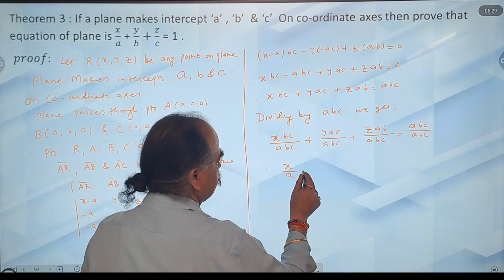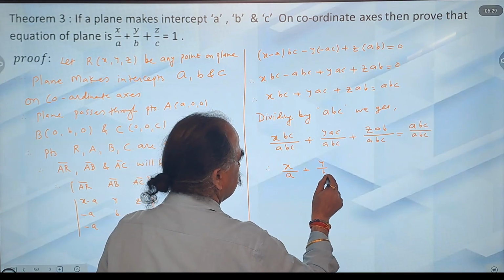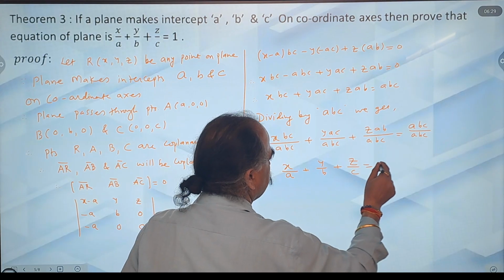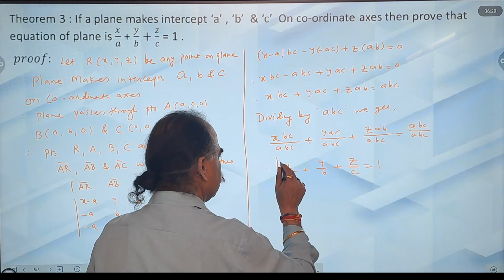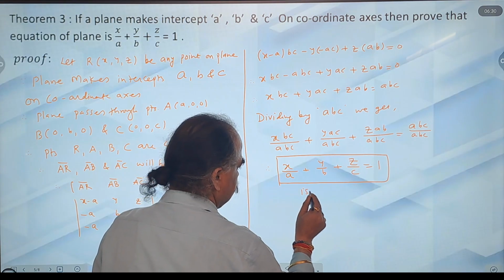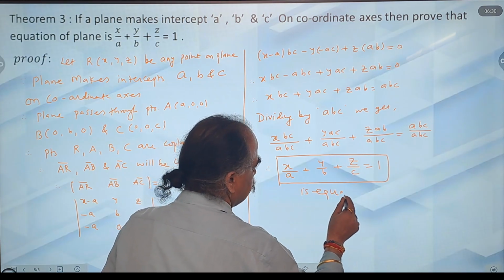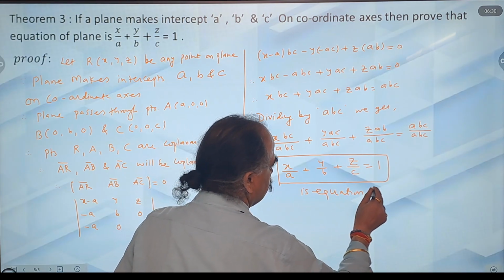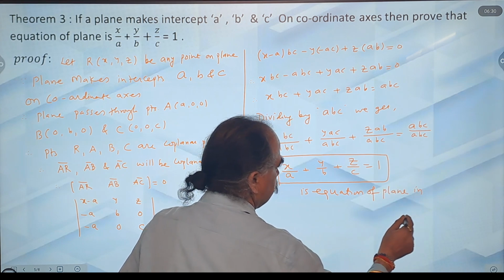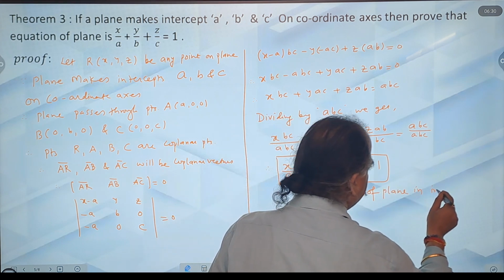So x upon a plus y upon b plus z upon c is equal to 1. This is the equation of the plane in intercept form.